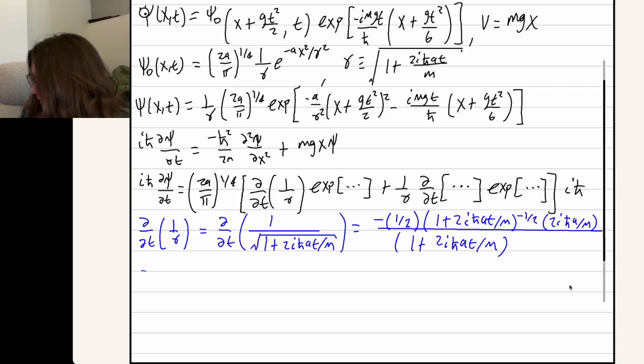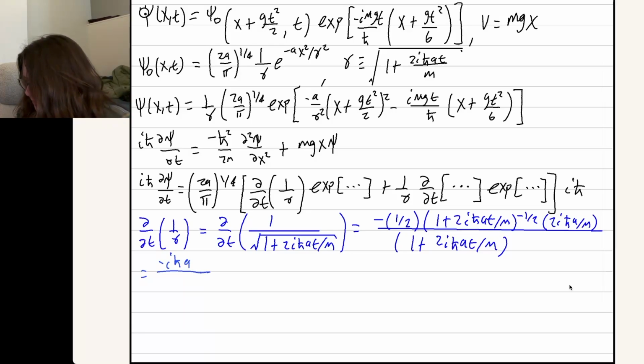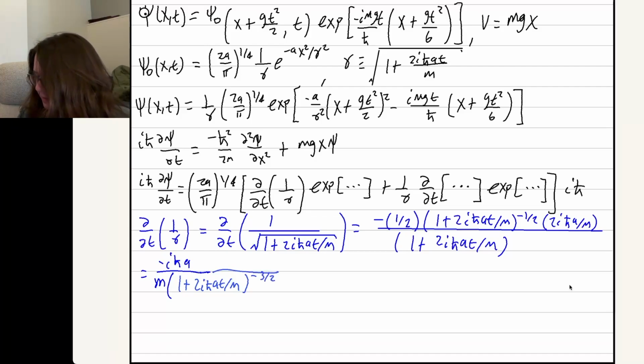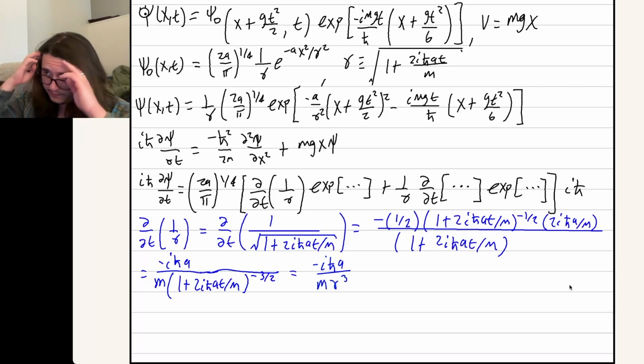We can simplify that a little bit, so we get minus i h bar a over m times (1 plus 2 i h bar a t over m) to the minus 3/2. And we're going to collapse that back into the definition of gamma, so we just have minus i h bar a over m gamma to the 3rd. Awesome stuff there.